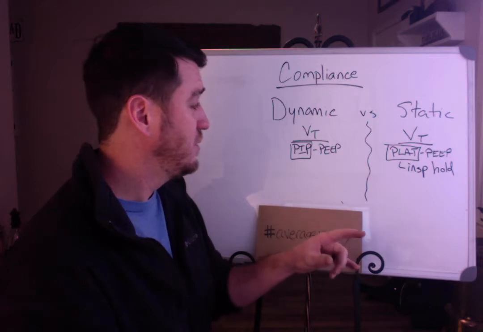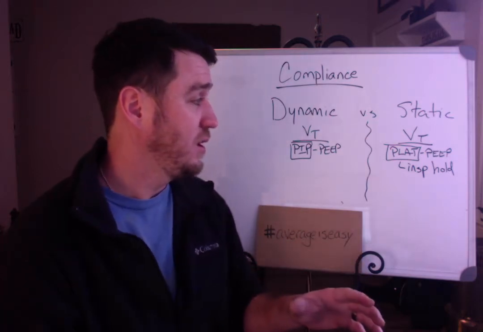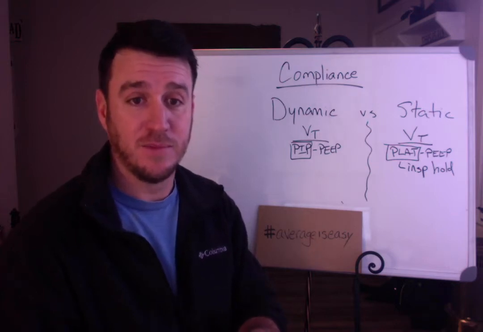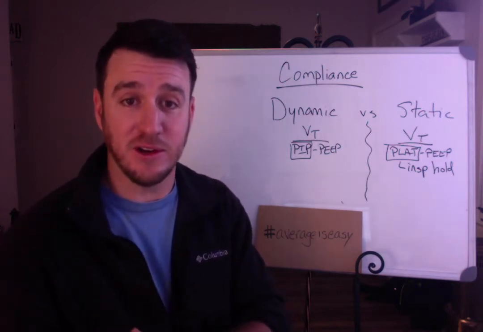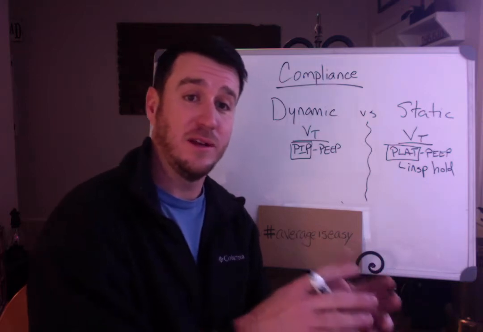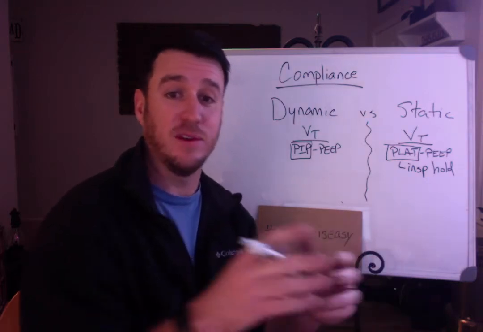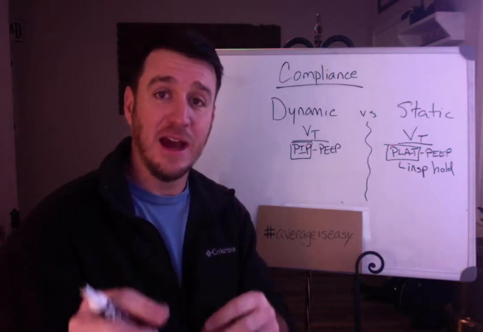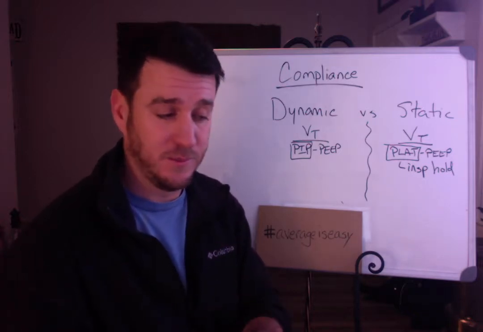what we're going to do now is show you what this looks like on a graph. Okay? So if you understand airways and alveoli is dynamic, alveoli only is static, we use plat for static, we use PIP for dynamic, then we can make sense of this by looking at our pressure waveforms. Okay?